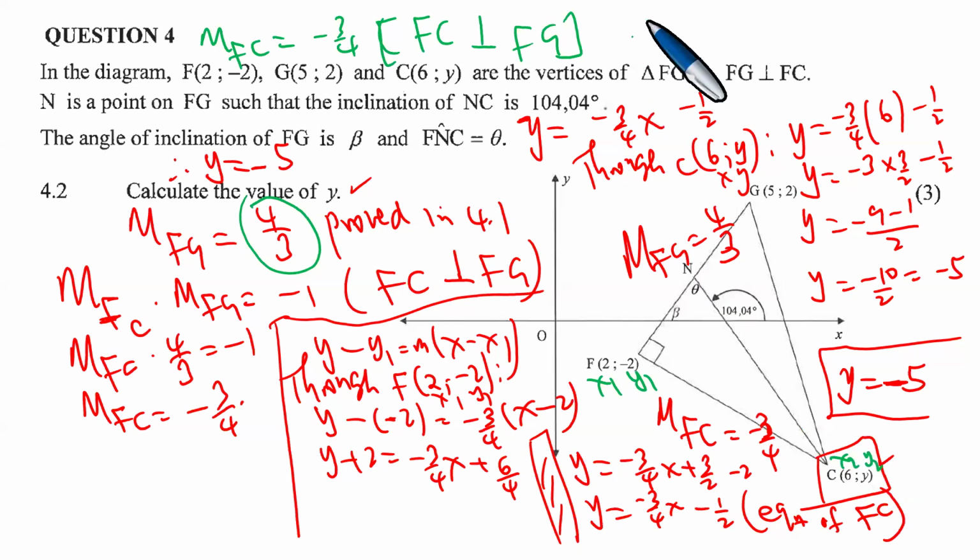Proceeding in the green color, y2 is y and y1 is minus, which is going to be plus 2. You divide by x2, which is 6, minus x1, which is 2. And therefore this is the gradient of FC, and the gradient of FC is -3/4.